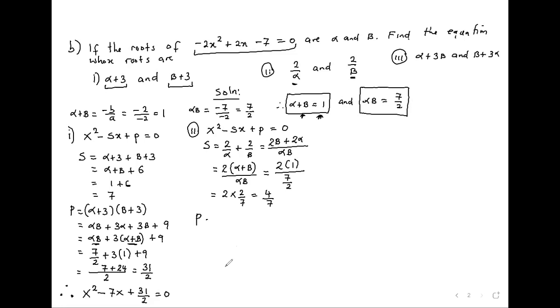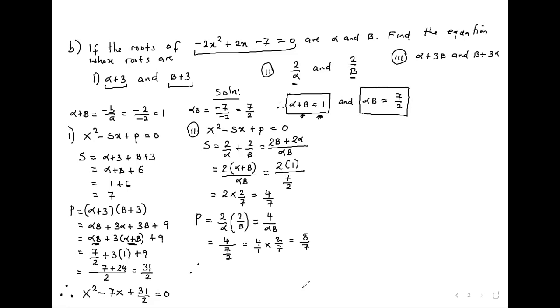Then get the product. The product of the roots, 2 over alpha by 2 over beta. 2 times 2, alpha times beta, alpha beta, which is equal to 4 over alpha beta, which is 7 over 2, which is 4 over 1 multiplied by 2 over 7, which is equal to 8 over 7.